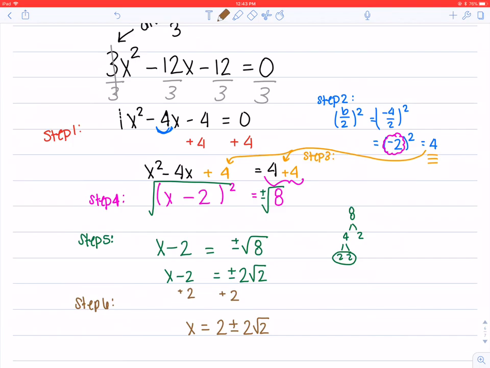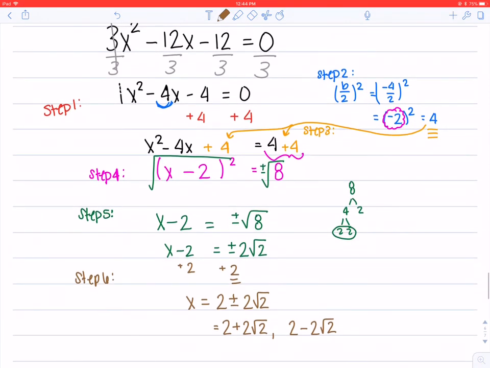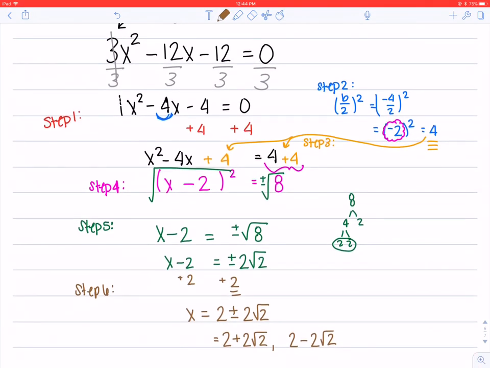So I want to write the 2 first because I want that plus or minus to be in the middle. So I'll have 2 plus or minus 2 square root of 2. Now in Hawks, it doesn't have a plus or minus button, so you'll have to have 2 plus 2 square root of 2 and 2 minus 2 square root of 2. So there is how you complete the square when there is a number in front of x squared.